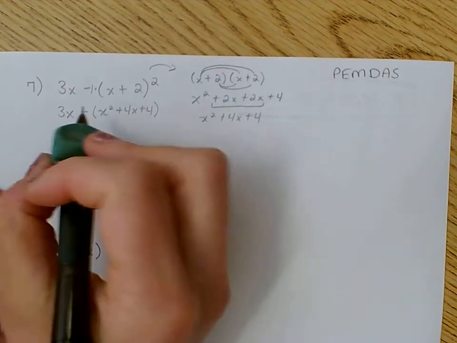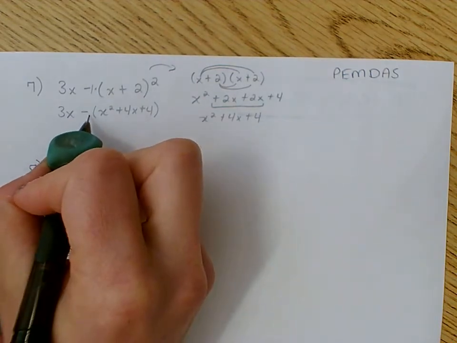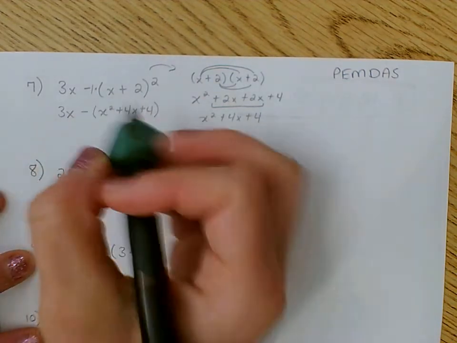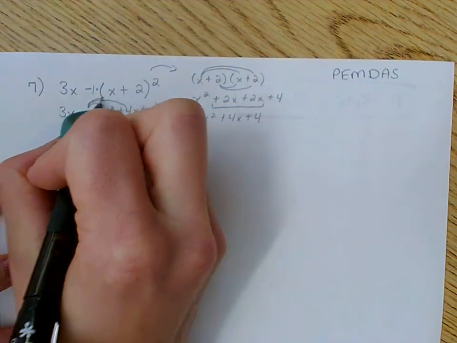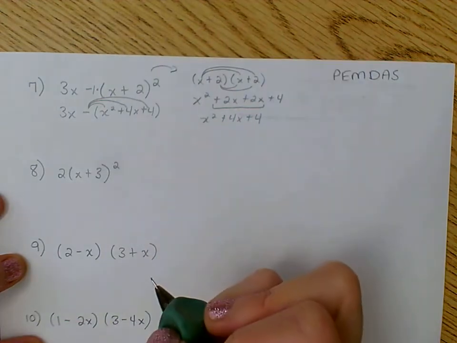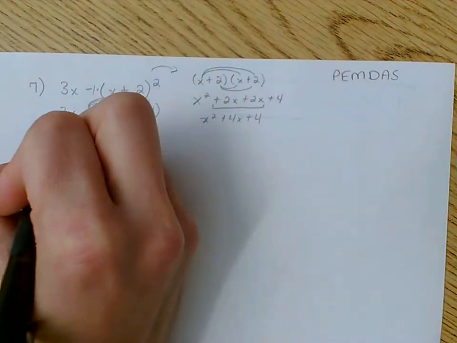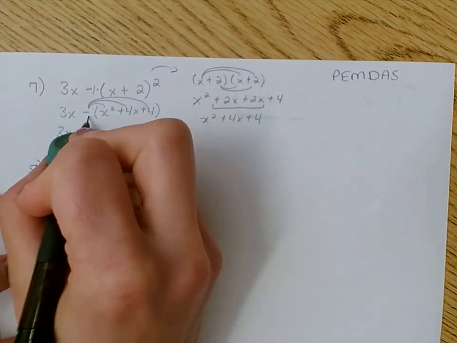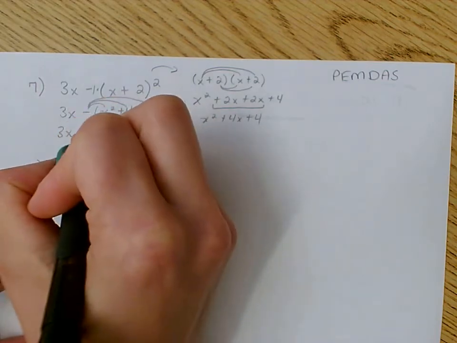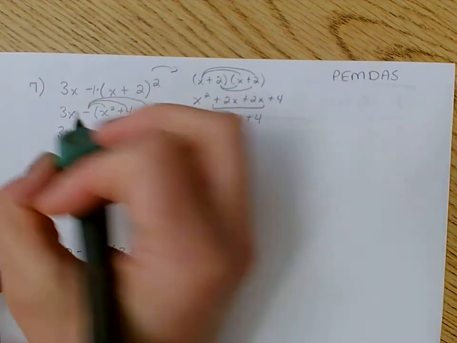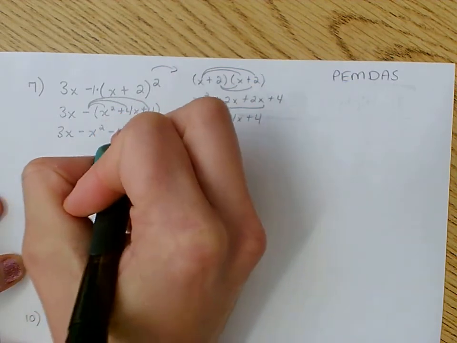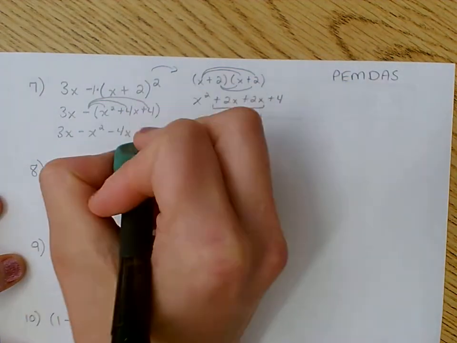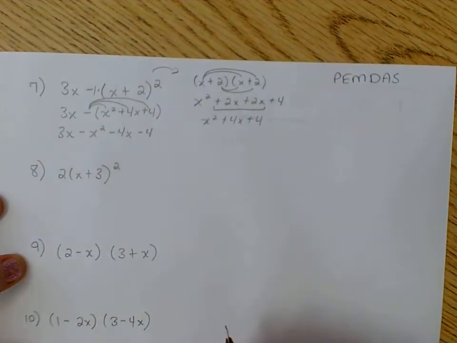So you take that negative, which is essentially a -1, times everything inside that parentheses. The 3x will just come down like it did before, and then negative times x squared would be a negative x squared, and then negative times a positive 4x ends up being negative 4x, and then negative times 4 ends up being negative 4, okay?